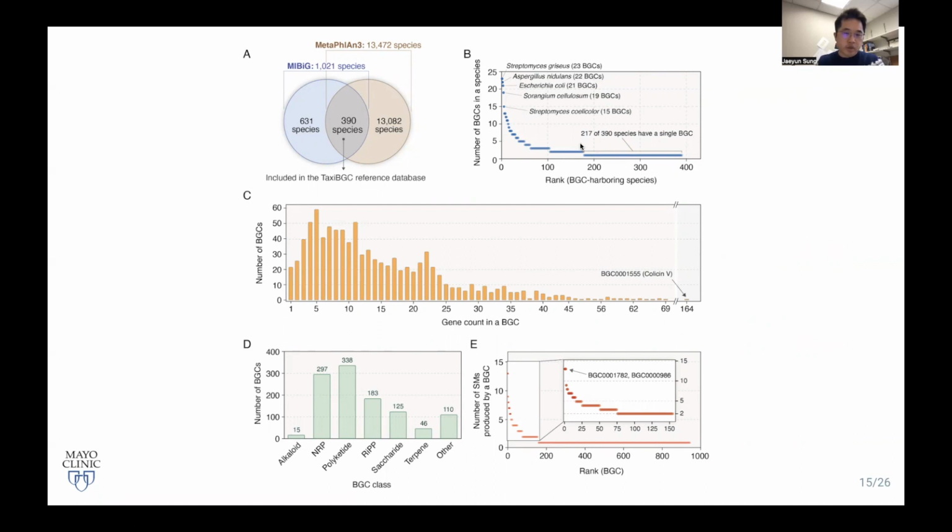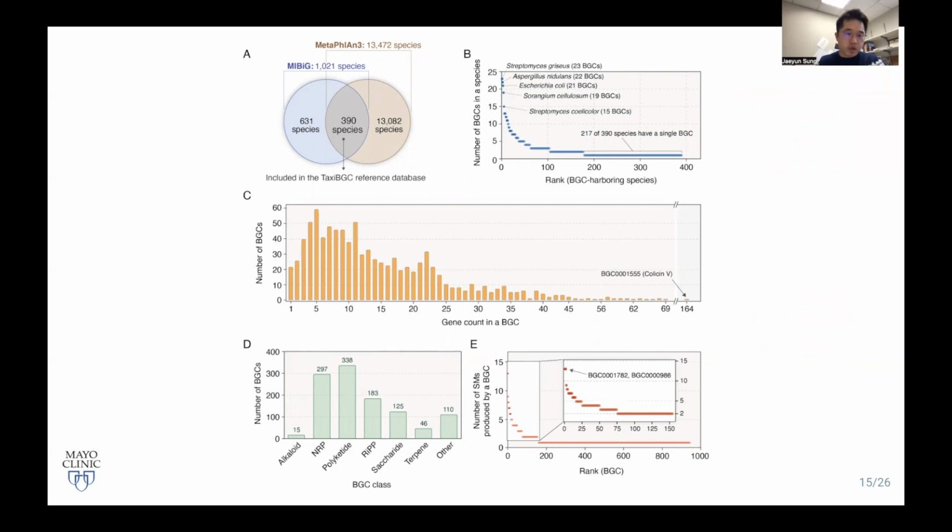As you can see, we show the distribution of gene count composing the BGCs, and there's a wide variance, with the BGC encoding for colicin V having 164 total genes. These BGCs belong to these BGC classes, with the non-ribosomal peptides or NRPs and polyketides with the largest sum of BGCs, while alkaloids here have the fewest number of BGCs.